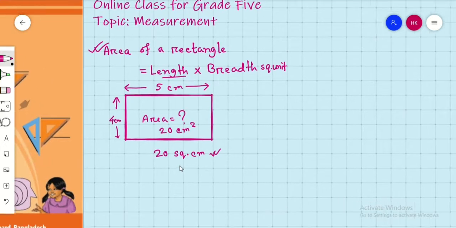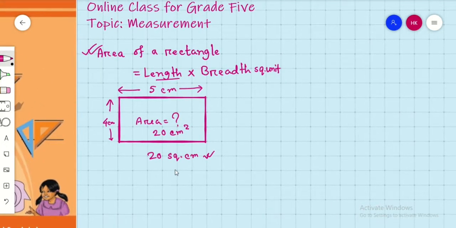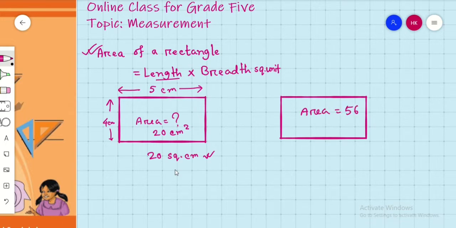For example, this is another rectangle which area is say 56 and the length of this is given as 8 meter.